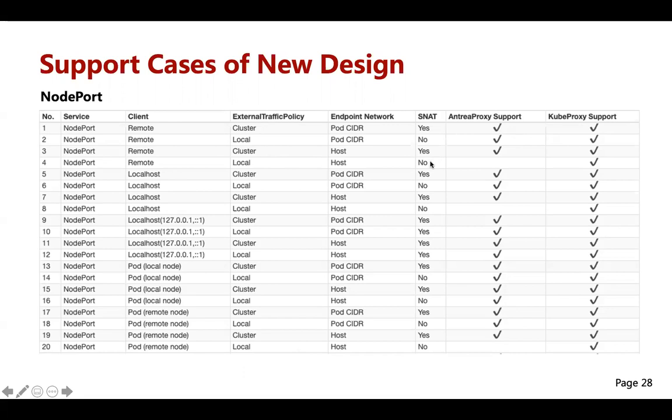Why is that? Could we match the IP first? If you access a service IP address, you don't know whether its endpoint is on a Pod CIDR or a hostnet, so you can't do that at first.